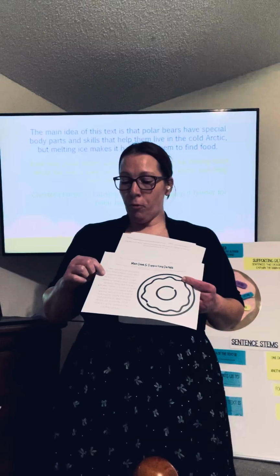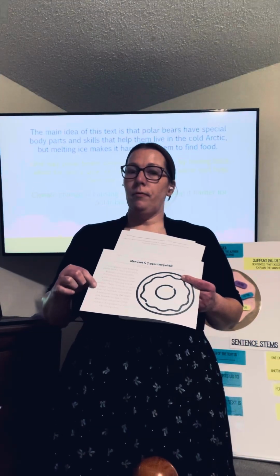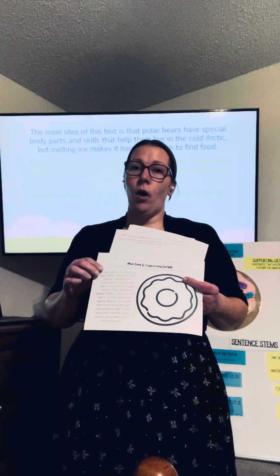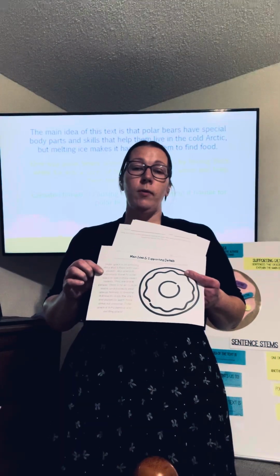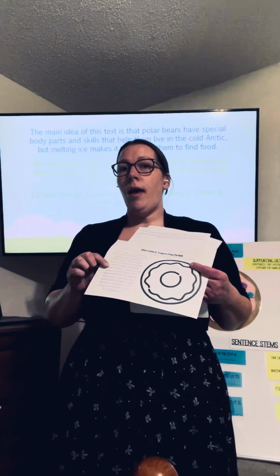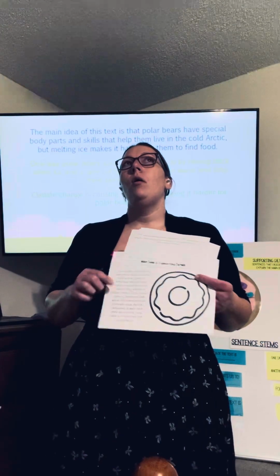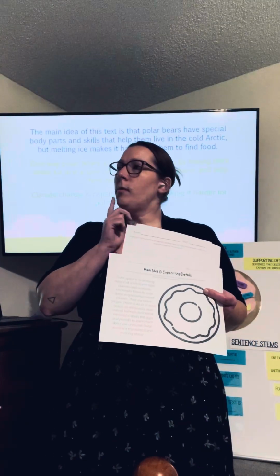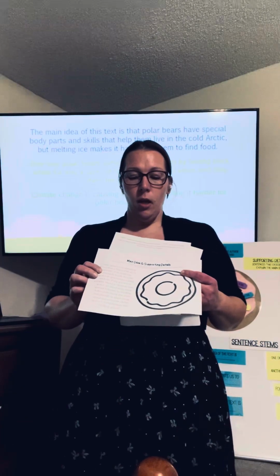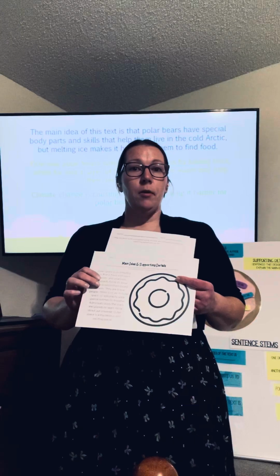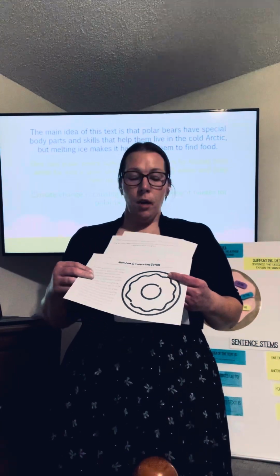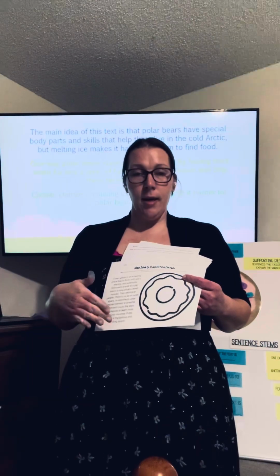So I want everyone to read this paragraph. You're going to work with partners as well. So you and your partner are going to read, one of you is going to read it aloud to the other, this paragraph, and as you're reading, one partner is going to be thinking, what do I keep hearing? What is this author trying to tell me? So after you've read it and the other partner has heard, you guys are going to come up with the main idea.